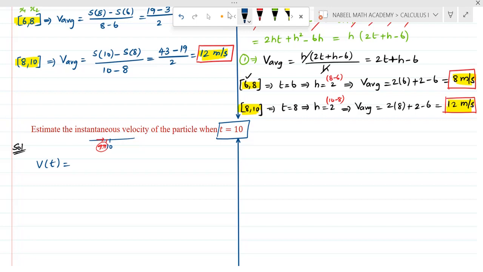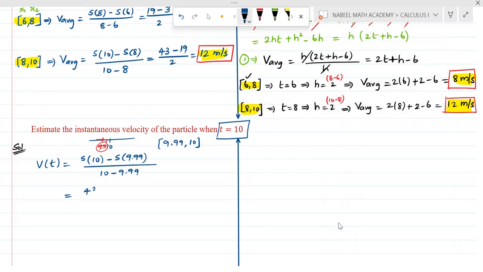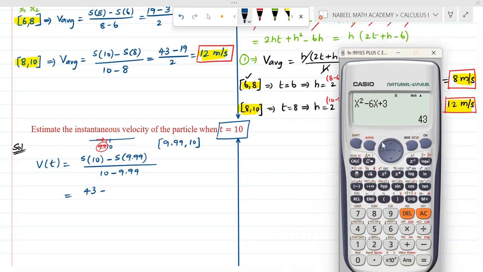Here the velocity is given by s of 10 minus s of 9.99 over 10 minus 9.99. I have the same function, so just press 10 here. You will get 43 for 10 minus the function calculated at 9.99.